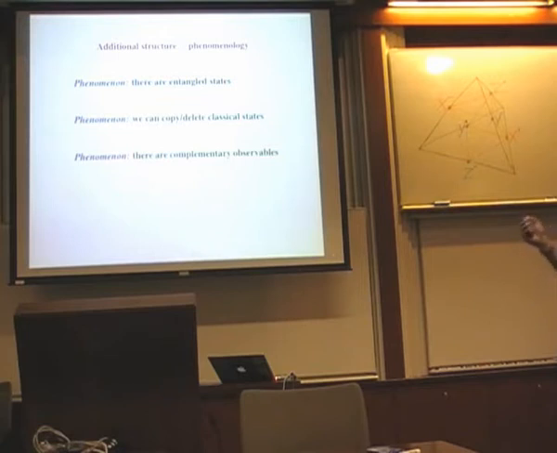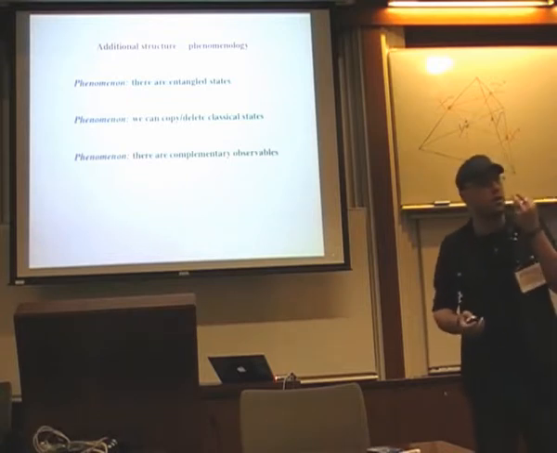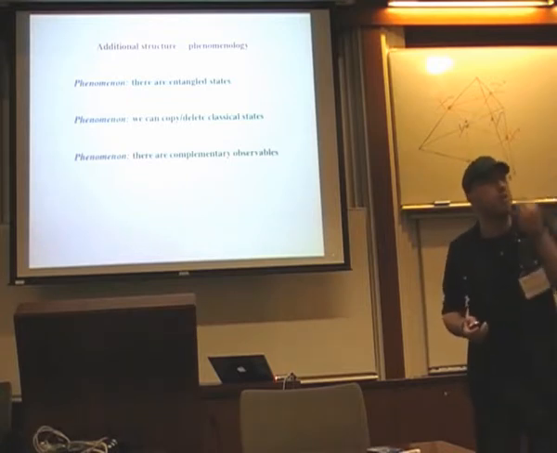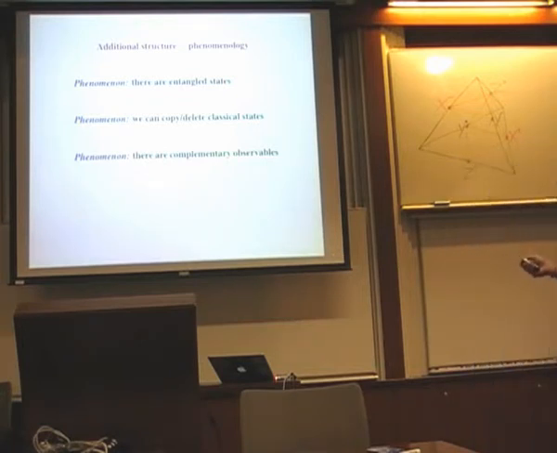So basically what we are going to do is adjoining new structure. Structure meaning really in a constructive way, a piece of structure, a new structural element. For example, we know that there are entangled states in nature, so we're going to add an entangled state to our system. So that's the piece of structure.